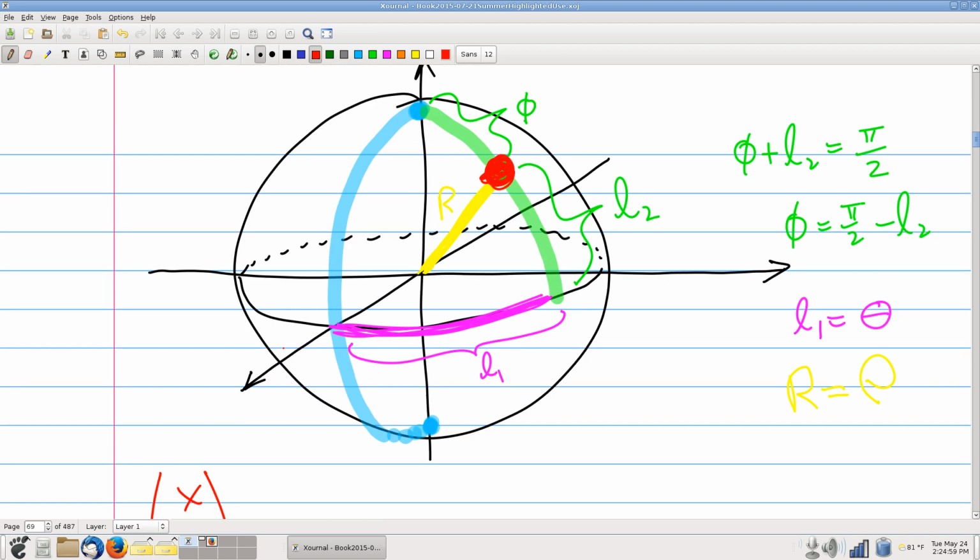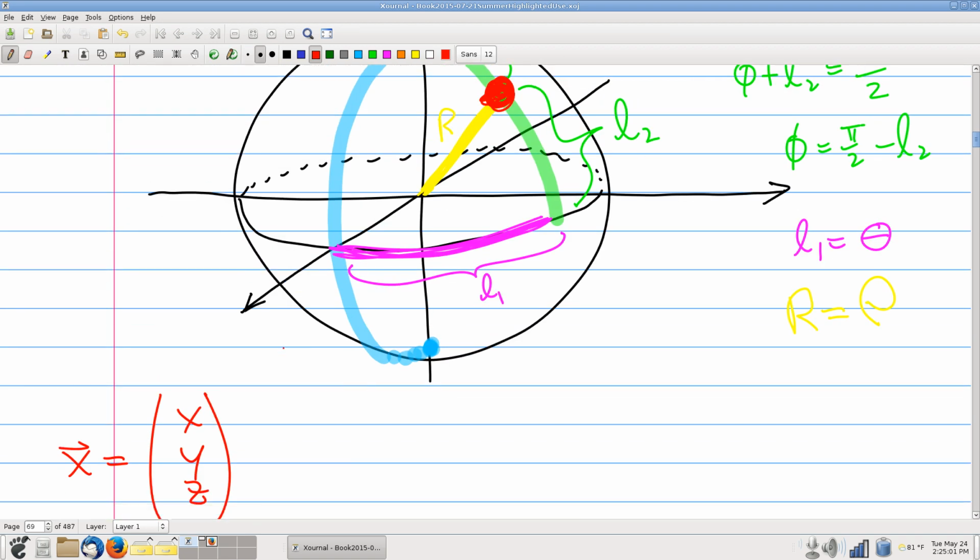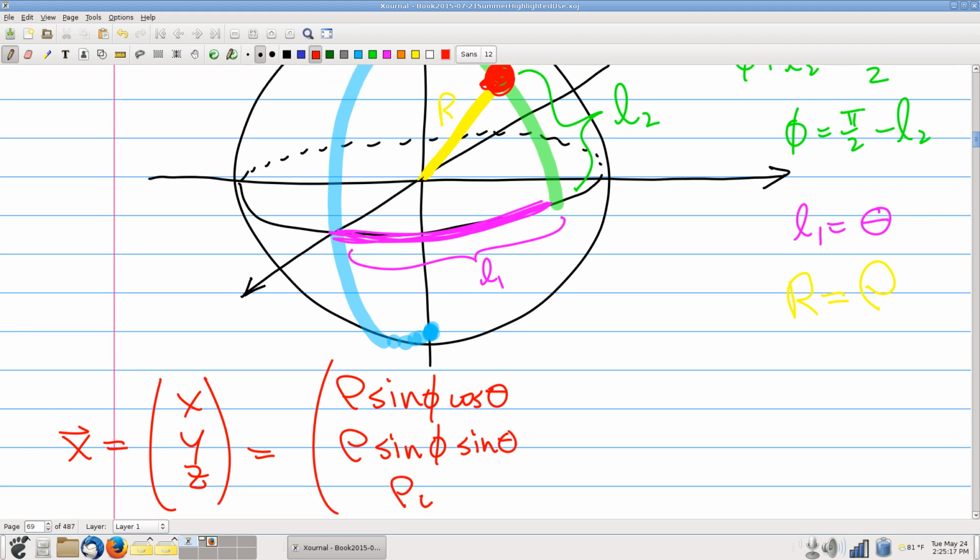So the very first thing I'm going to do is take advantage of that and write that x, y, z is rho sine phi cosine theta, rho sine phi sine theta, and rho cosine phi. Everybody remember the spherical coordinate formulas there?